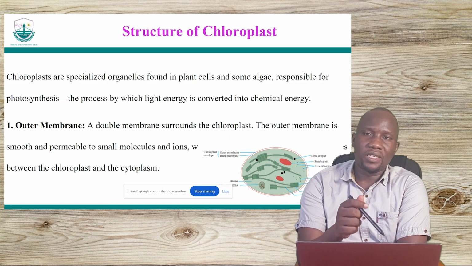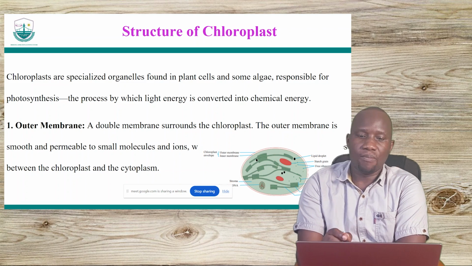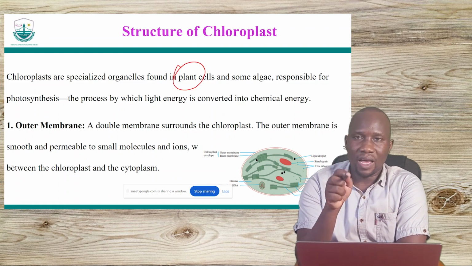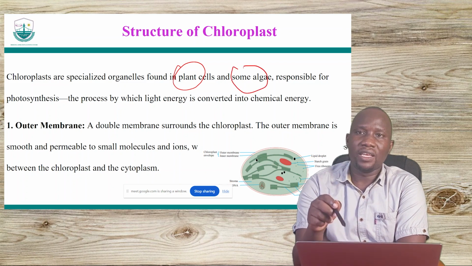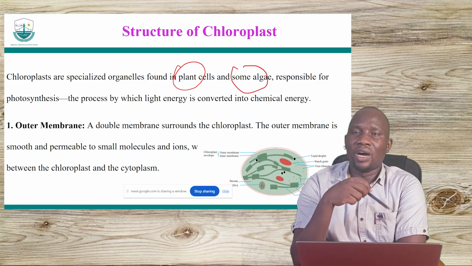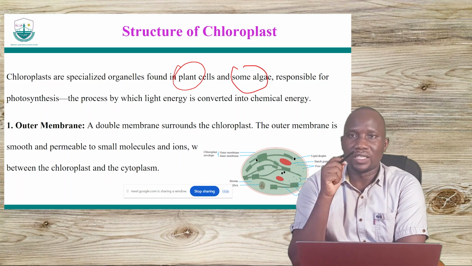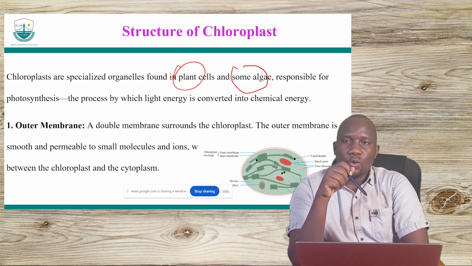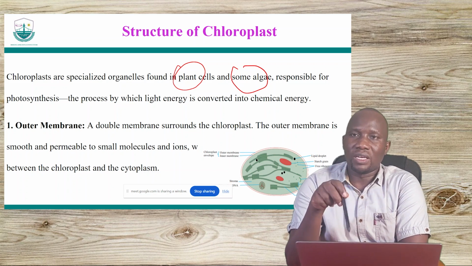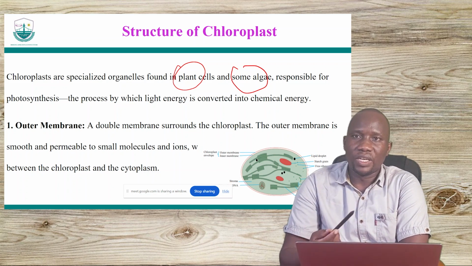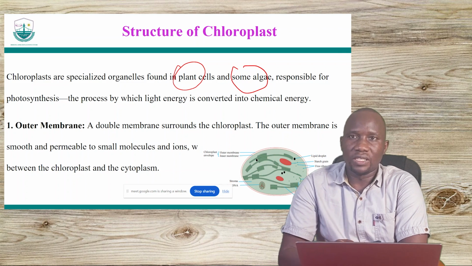So the chloroplasts are found in plant cells and some green algae that carry out the process of photosynthesis. The plants are not the only organisms that carry out photosynthesis. We can also have green algae carrying out photosynthesis.